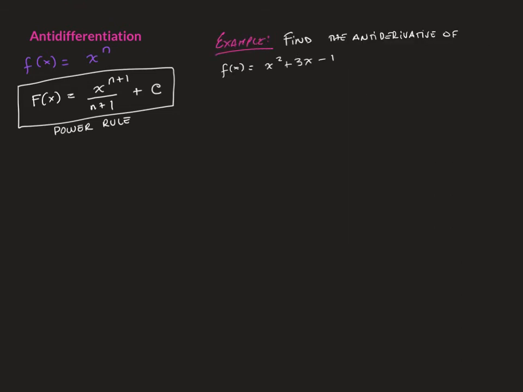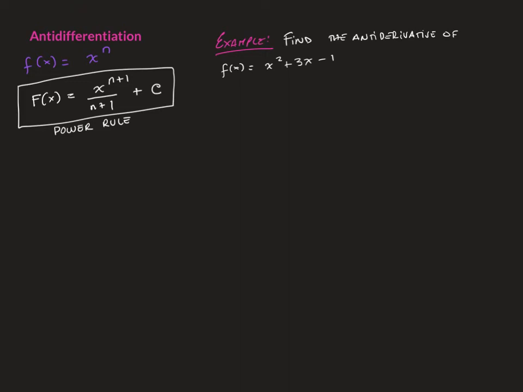Next example is find the antiderivative of the function f of x equals x squared plus 3x minus 1. Now this is a polynomial that has 3 terms, and we know that this rule is just for one term. So what we're going to do is, because each of these terms is the result of a derivative, we can find the antiderivative of each of these terms separately.